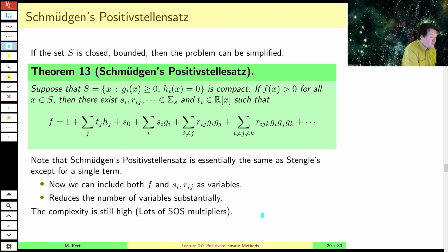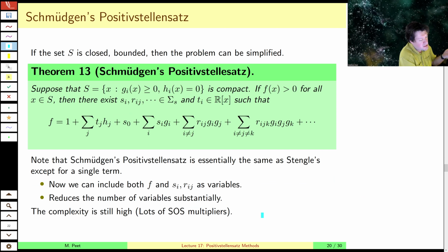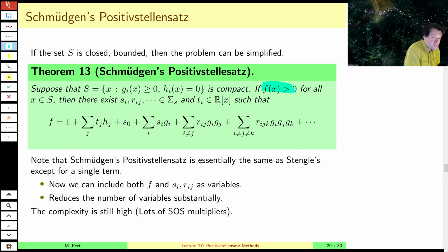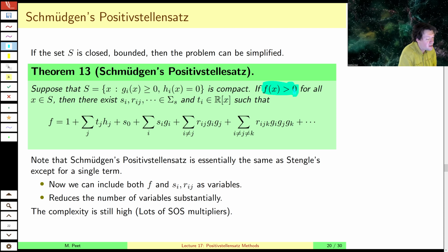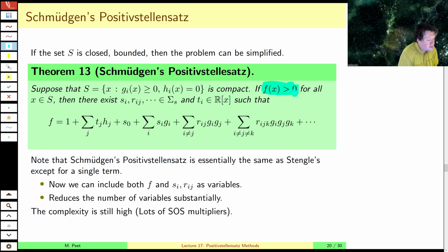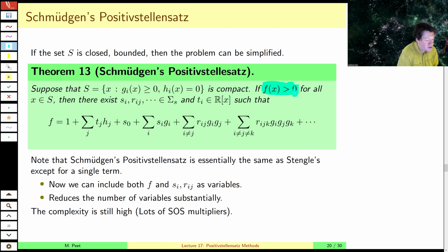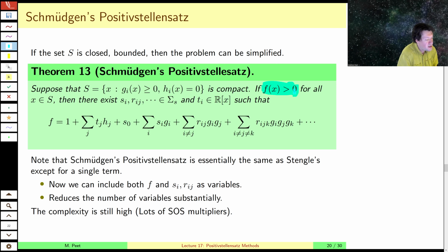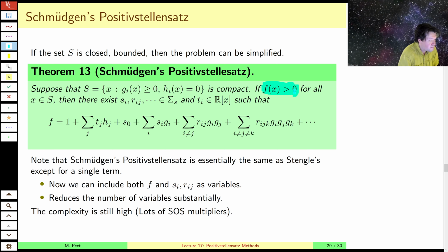So if we don't care about f of x being strictly positive, then there are alternatives which allow us to resolve our bilinearity. The first one of those is Schmüdgen's Positivstellensatz.